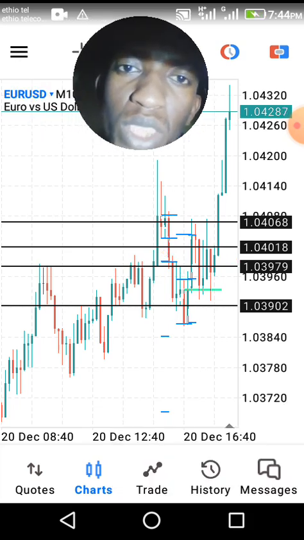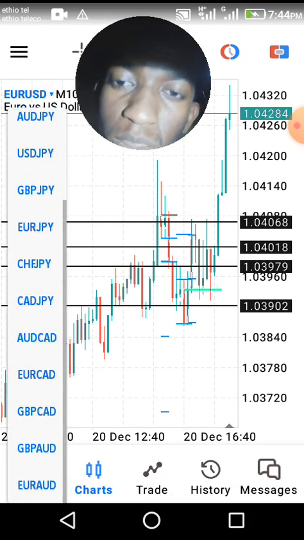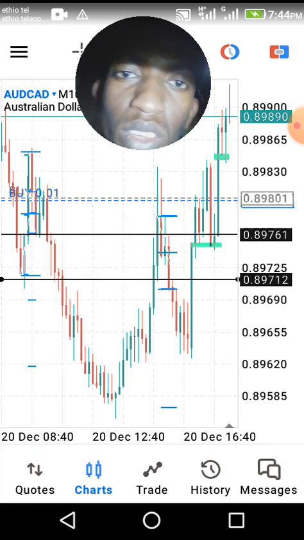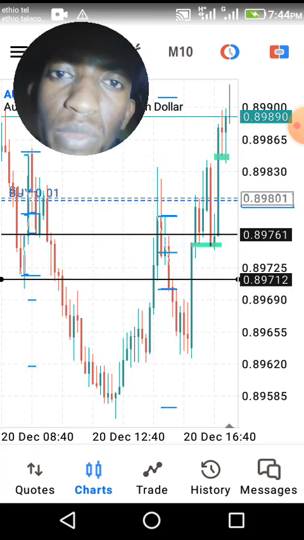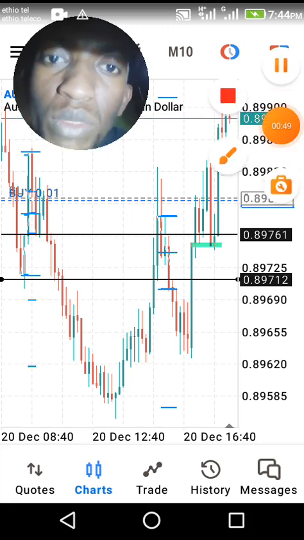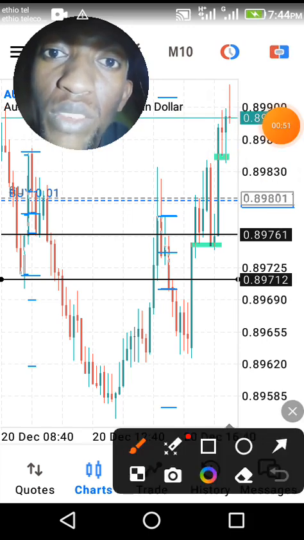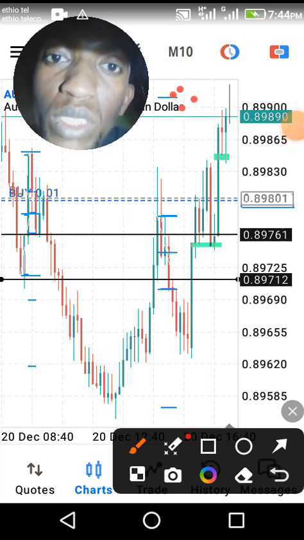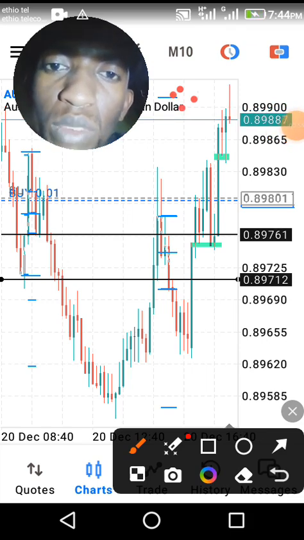So I'm still in a trade on Aussie card. Of course, I anticipated that there would be some kind of retracement right there, because as you can see we hit TP2 for this black box.